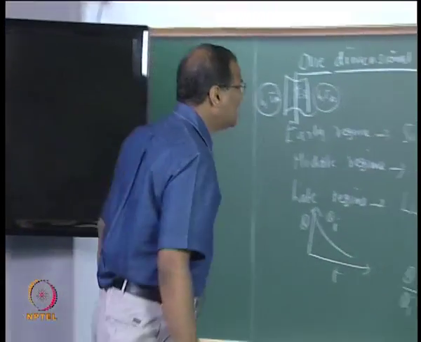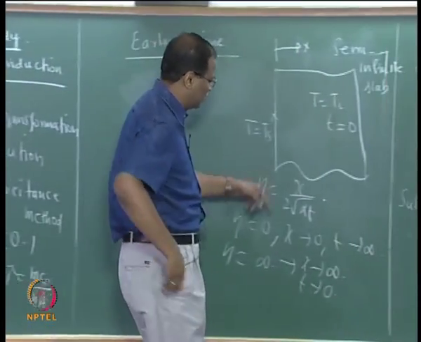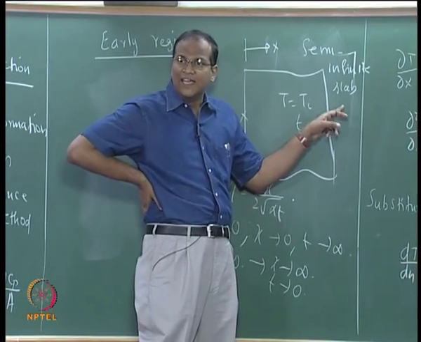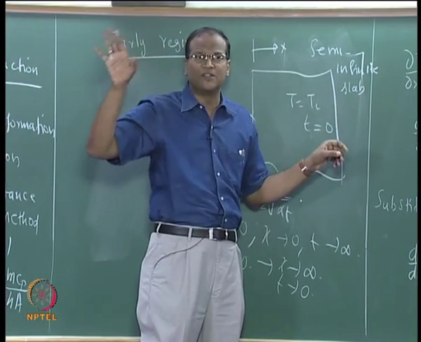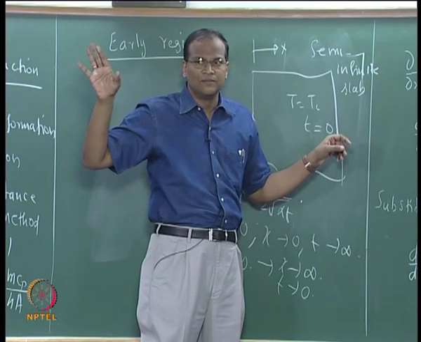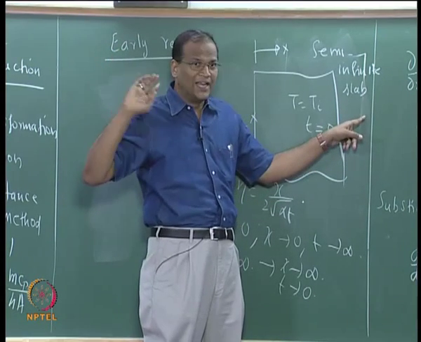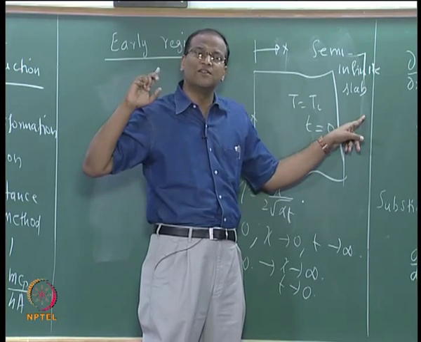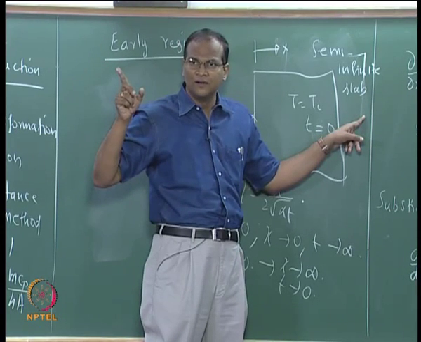Now eta tending to infinity, what is the story of eta tending to infinity? It is x tending to infinity. X tending to infinity, do you know the disturbance or not? At x tending to infinity, we do not know the disturbance. Therefore, what is the boundary condition for temperature?